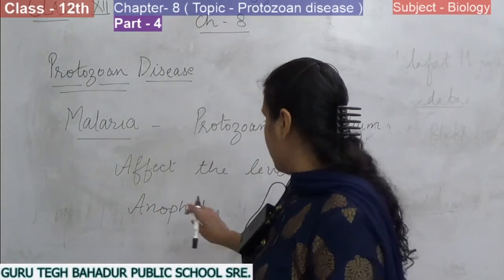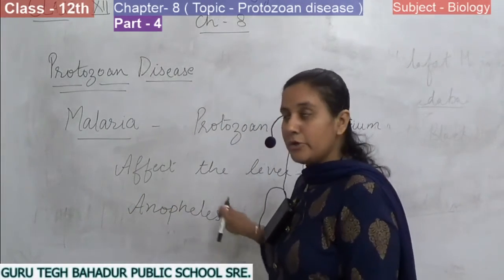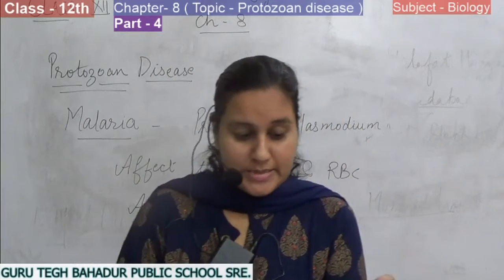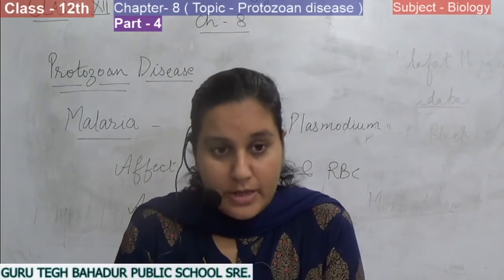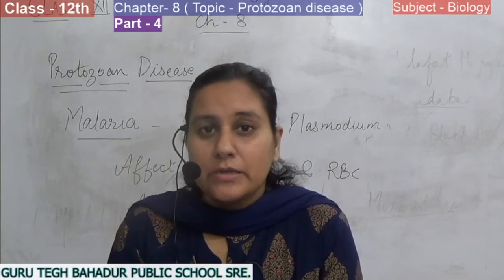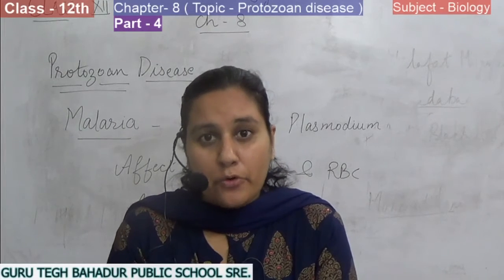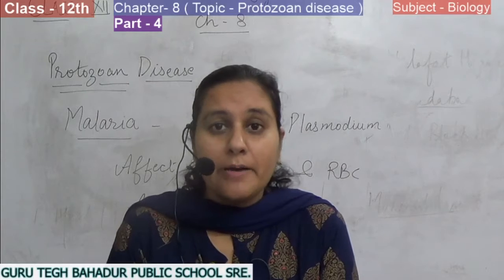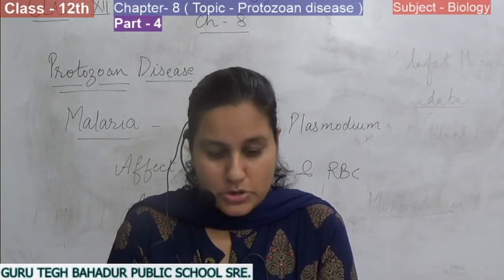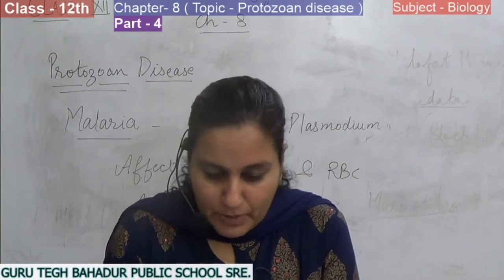After this mosquito bites the human body, the sporozoites enter the human body. Now what are sporozoites? These are the sporozoans that are parasitic in nature, so they are known as sporozoites.